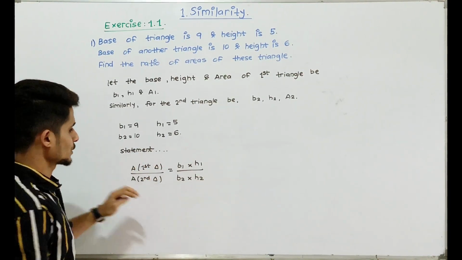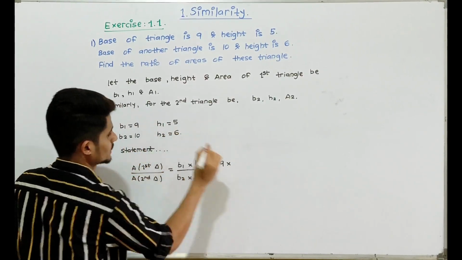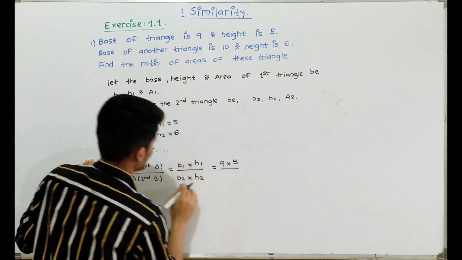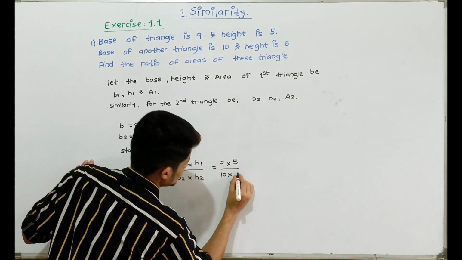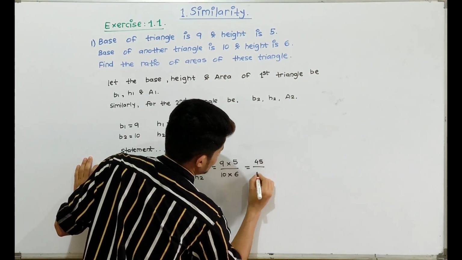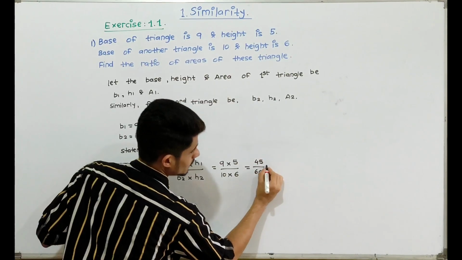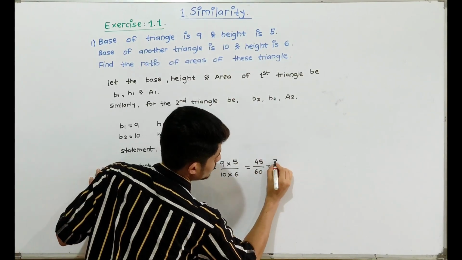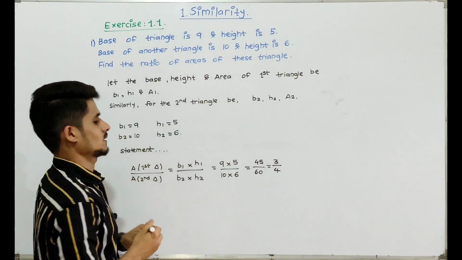Now we'll substitute the values: 9 into H1 which is 5, and B2 is 10 and H2 is 6. 9 5s are 45 and 10 6s are 60. So 45 by 60, if you divide by 15, 15 3s are 45 and 15 4s are 60.